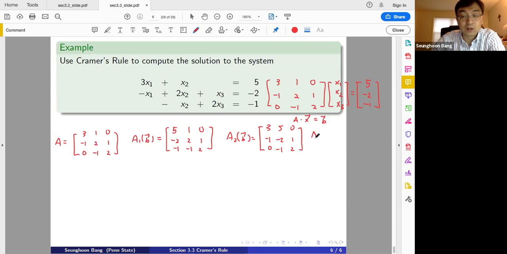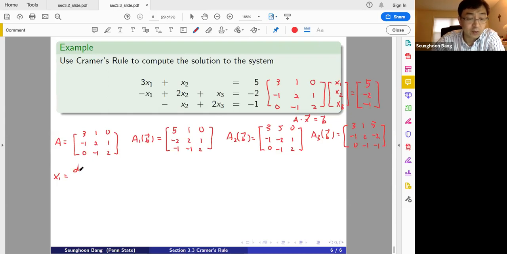Then A3: keep 3, -1, 0 and 1, 2, -1, and only replace the third column by vector B, 5, -2, -1. This is A3.